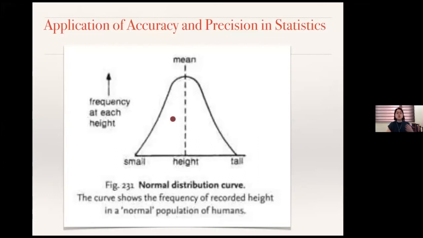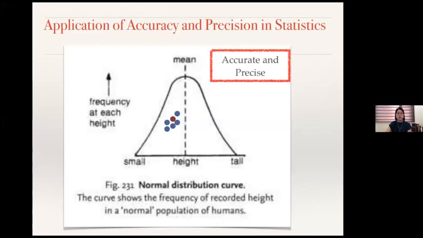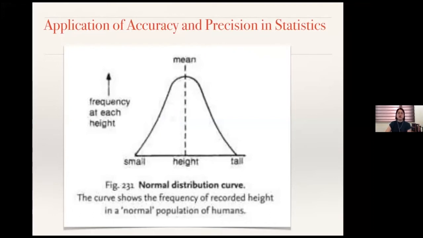That's the true height for Filipinos. Now, you got samples, you got 5 other Filipinos, and you measured them, and you look at all the blue spots. They're very, very close to the actual estimate. So it's fairly accurate, and they're all close to each other, so it's also precise. So you're able to get accurate and precise statistics.